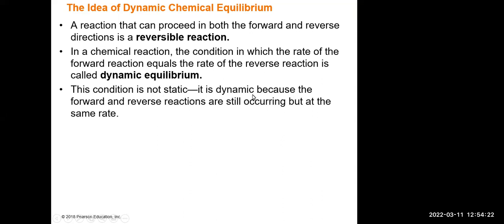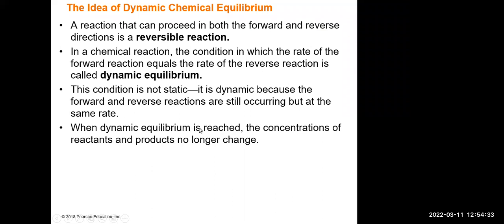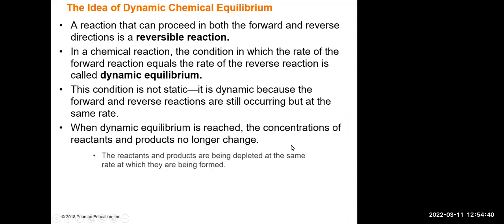It is dynamic, which means the forward and reverse reactions are still occurring, but at the same rate. When dynamic equilibrium is reached, the concentrations of reactants and products no longer change.